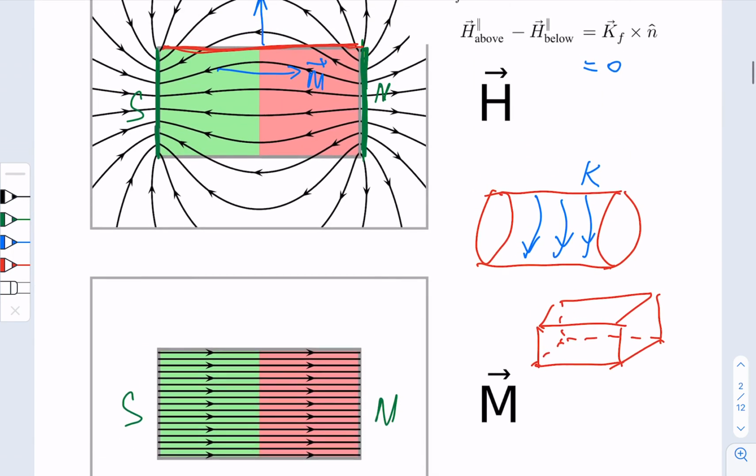So now if we go back to here, the del dot M is similar to the del dot P, right? So this del dot M is non-zero at the edge over here and the edge over here.